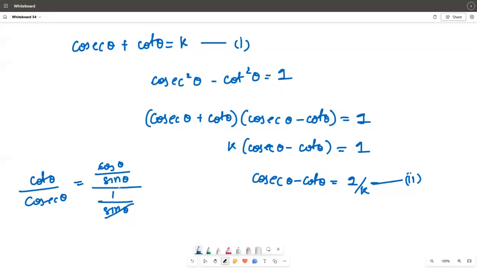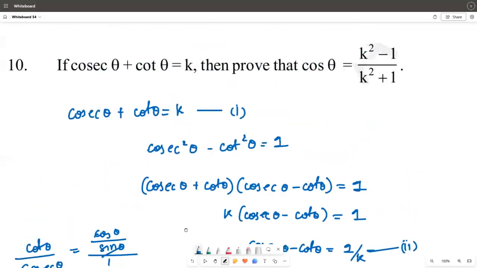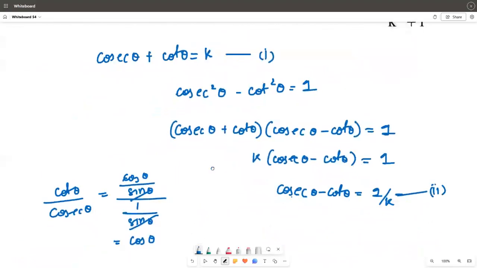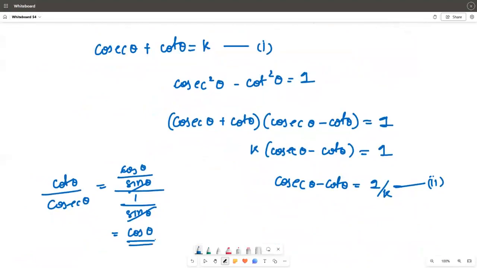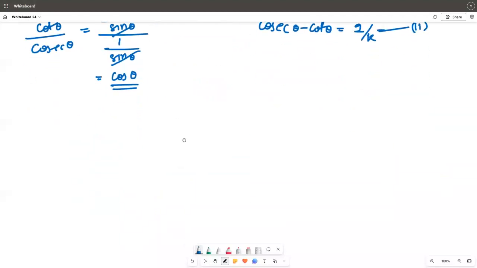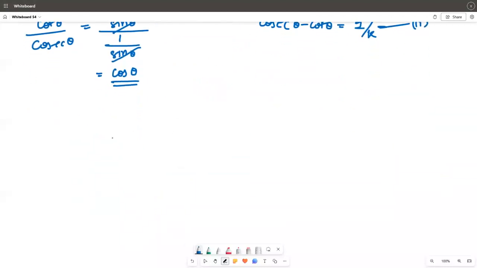Both sin thetas will get cancelled, and the resultant is cos theta. So if I am able to find the values of cot theta and cosecant theta separately, then I can divide them to find cos theta, which they told us to find in the question. They told us to prove that cos theta equal to something. So we have to find the values of cosecant theta and cot theta separately.